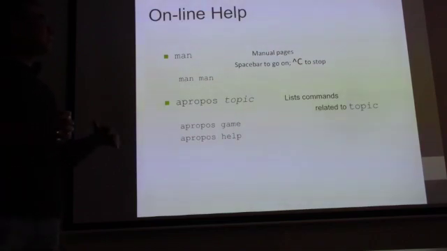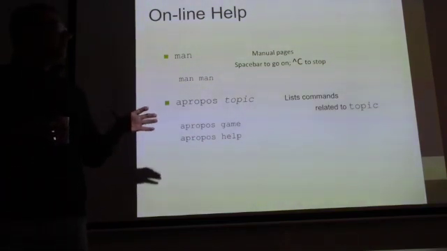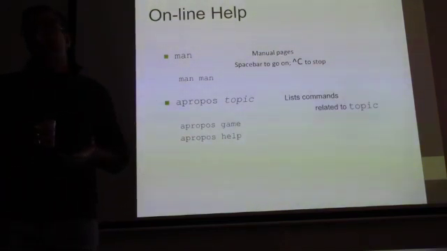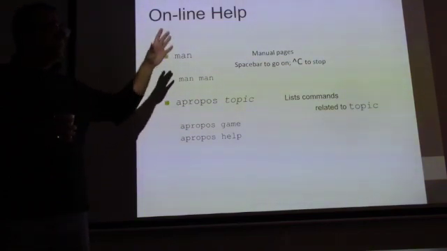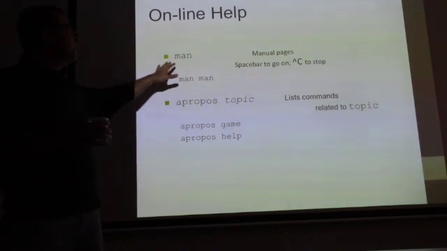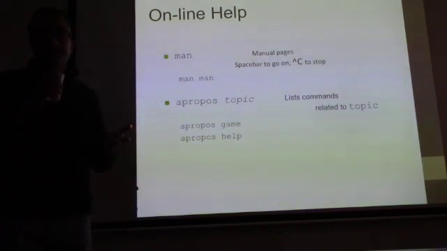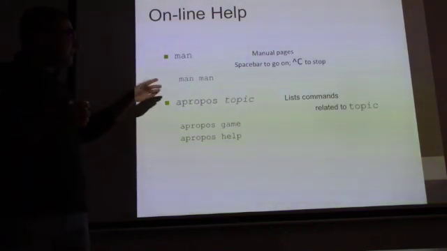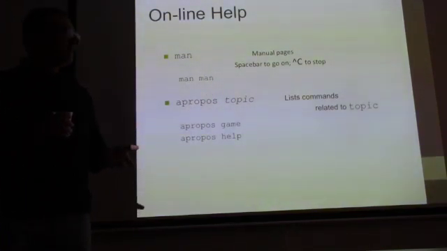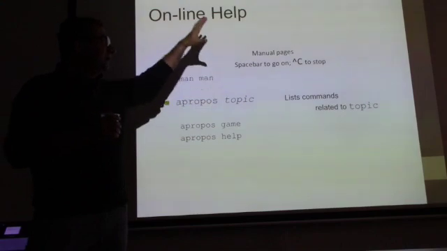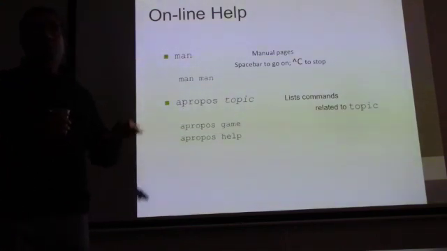Okay, so the first thing I like to teach about operating systems is how to get help. And in Unix, when you've opened a window, if you type man, which is short for manual, along with the name of the command you want to find help for, it gives you an entire page about that command, right?